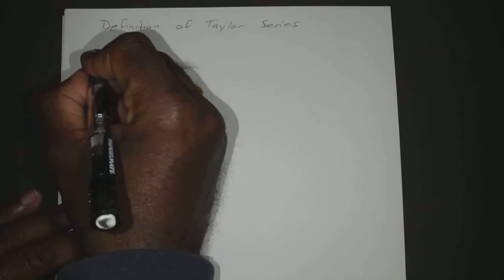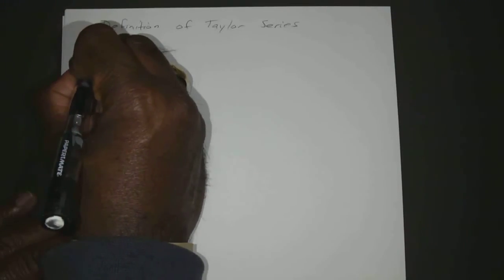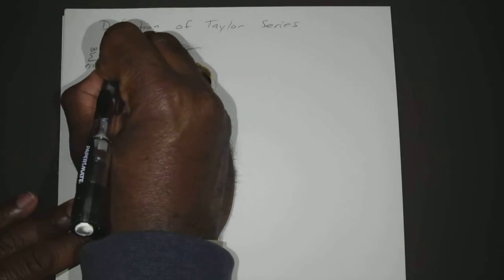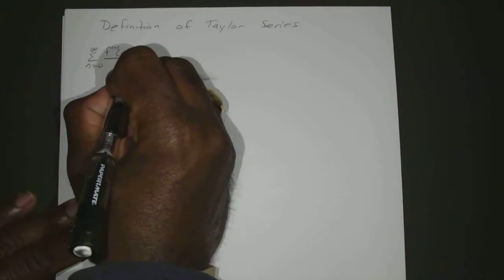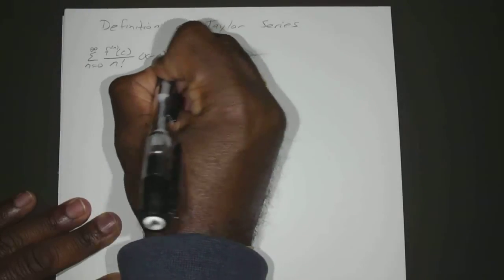Okay, so the Taylor series, the sum from n equals 0 to infinity of the nth derivative of f at c divided by n factorial times x minus c to the nth power.